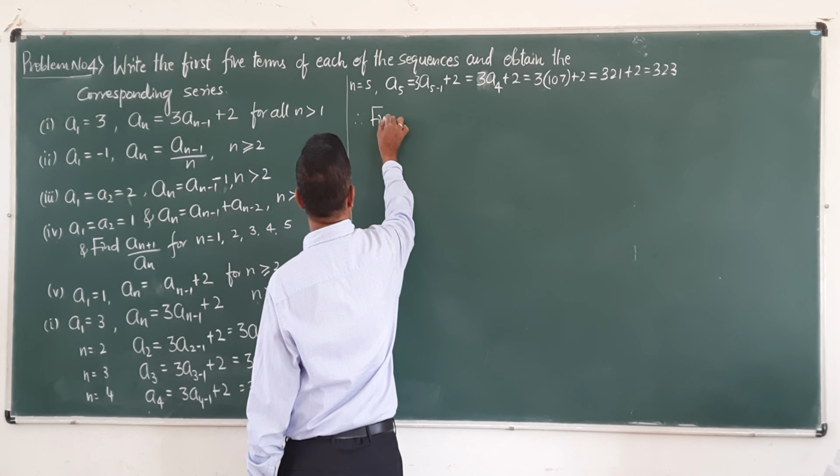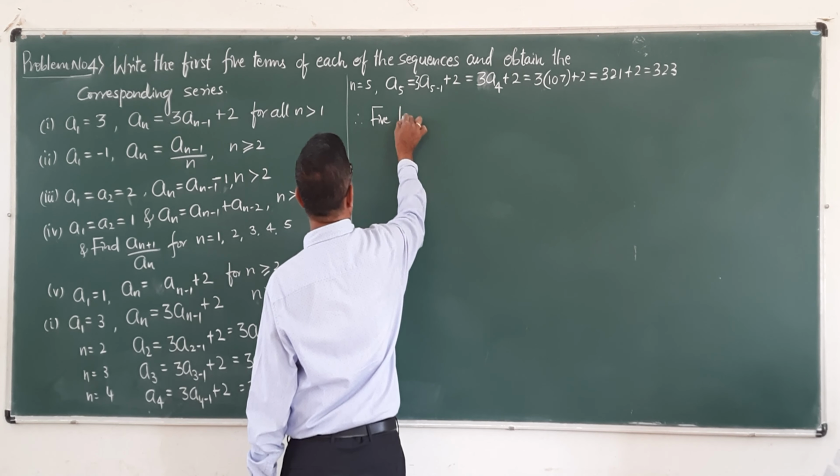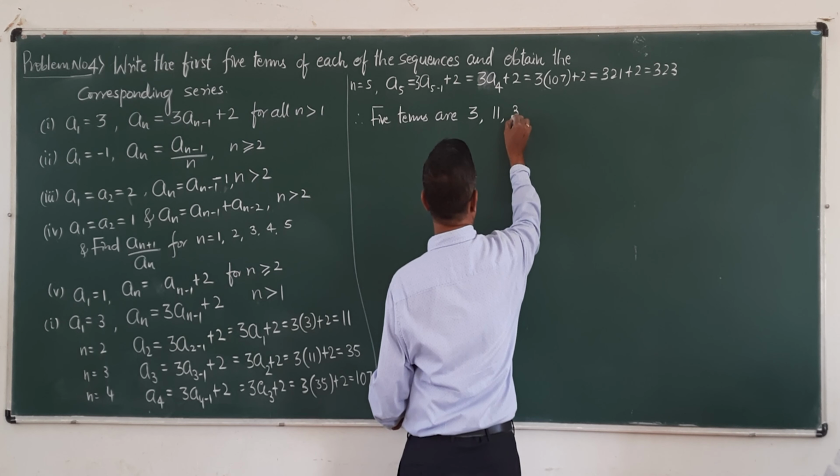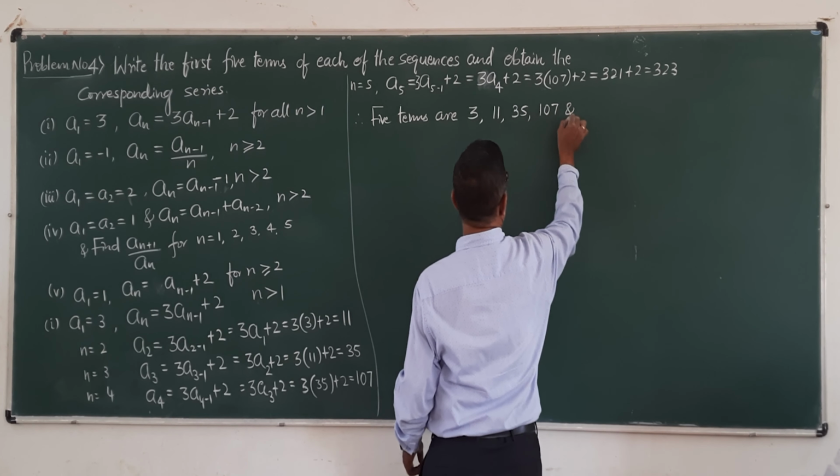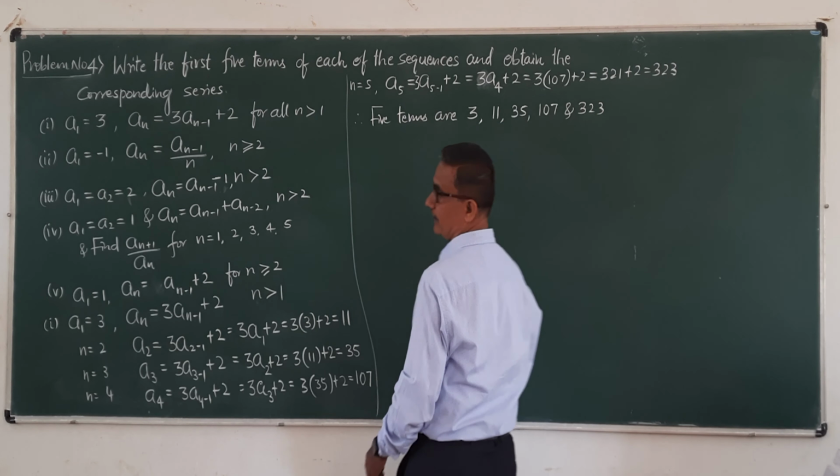Therefore, 5 terms of the sequences are: first term, that is a1 is 3, second term a2 is 11, third term a3 is 35, fourth term is 107, and fifth term is 323.